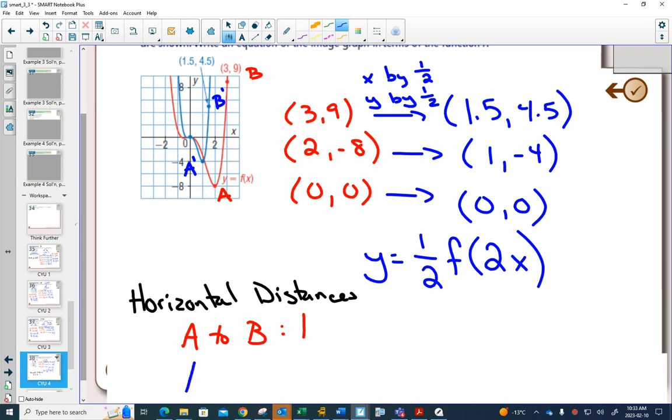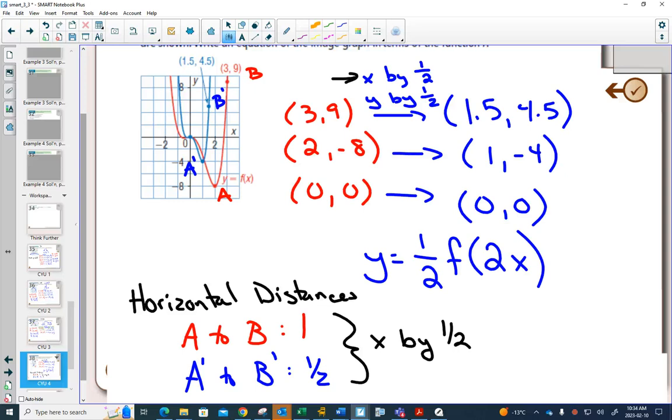On the blue graph, from A prime to B prime would be going from 1 to 0.5, which is a half. Then looking at this, how do you multiply to go from 1 to 1/2? You would have to multiply x by a half.